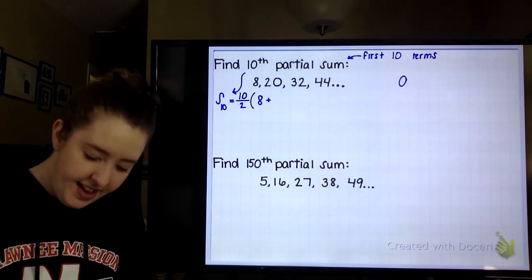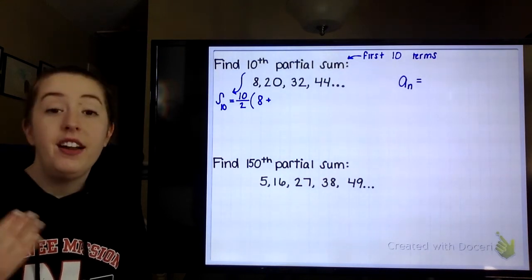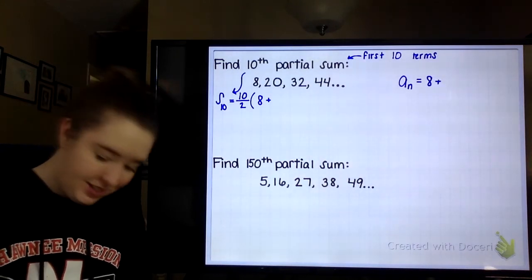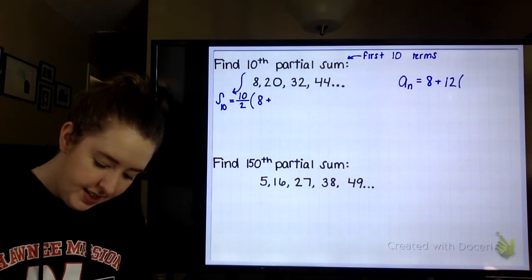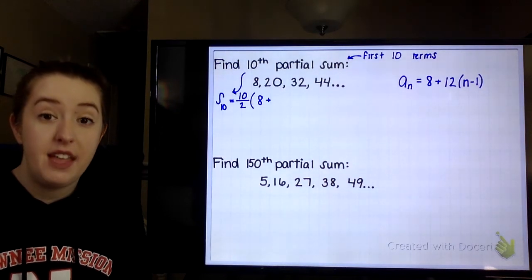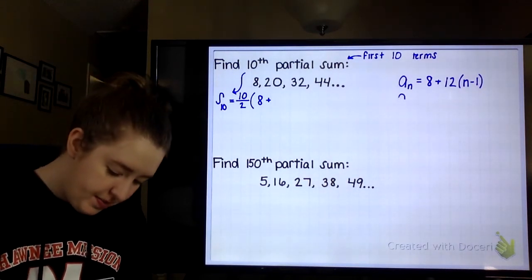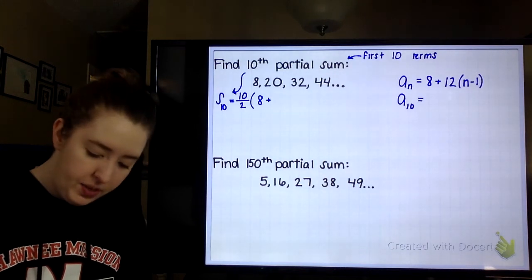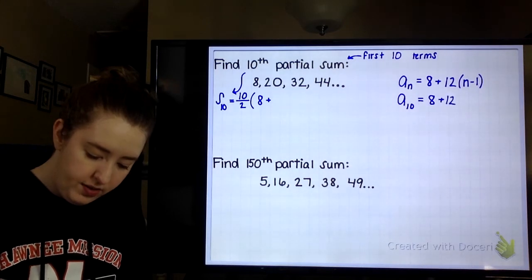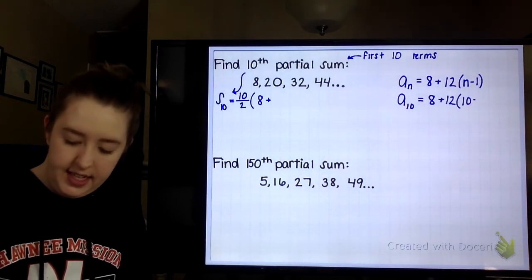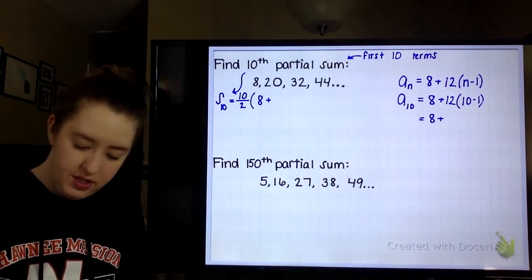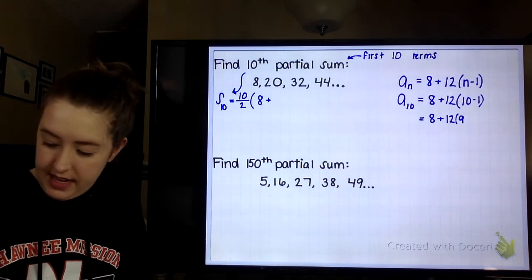So a sub n equals, we need our first term, which is 8, plus our common difference, which was 12, times n minus 1 to find my 10th term. So like I said, I want to find my 10th term. So a sub 10 equals 8 plus 12 times 10 minus 1, or 8 plus 12 times 9.